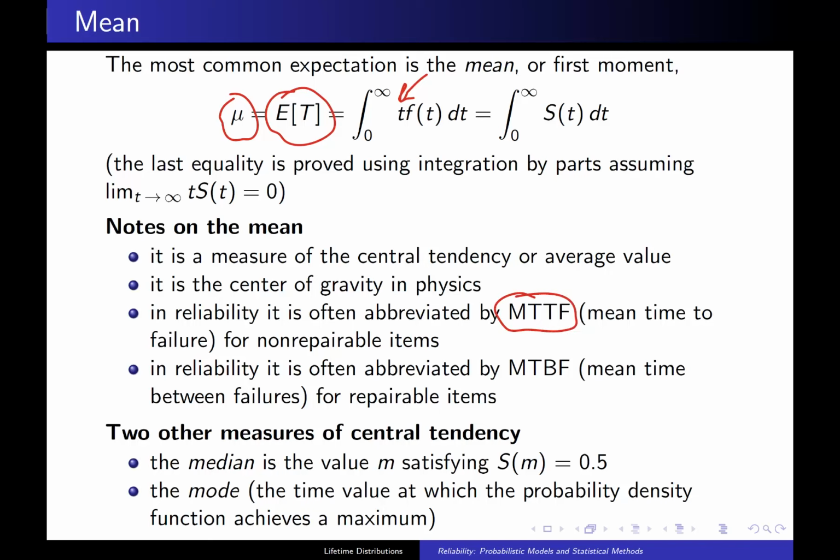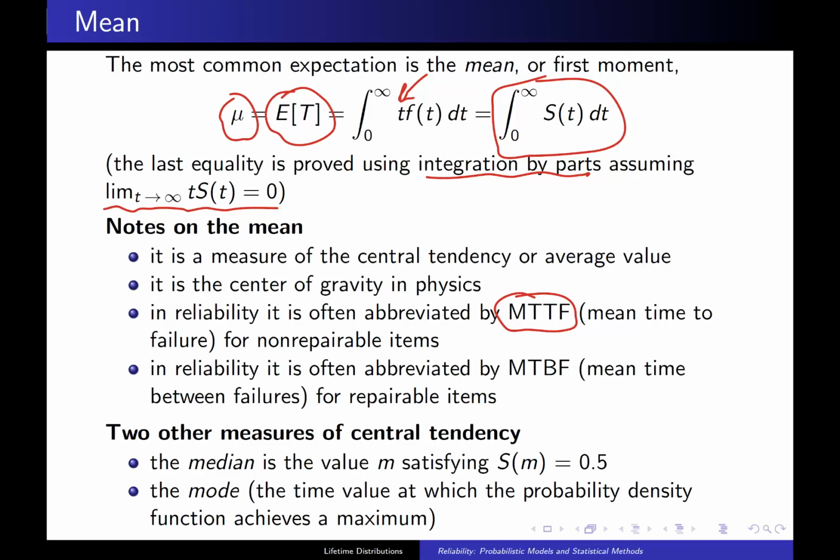Now, because this is a positive random variable, the limits of integration go from 0 to infinity, but using integration by parts, you can show that this is also the area underneath the survivor function. And that relationship is true when the limit as t goes to infinity of t times s of t equals 0.